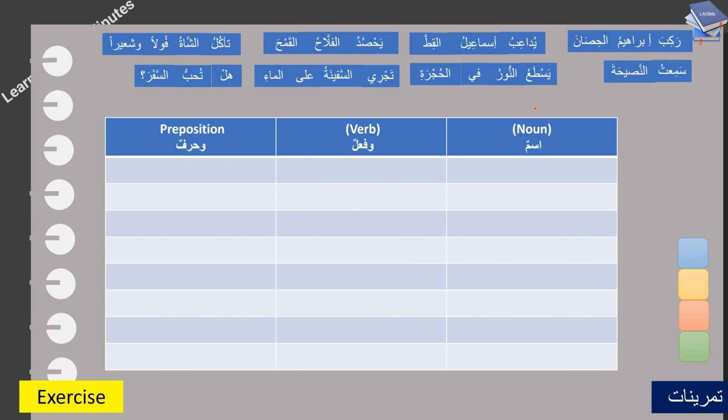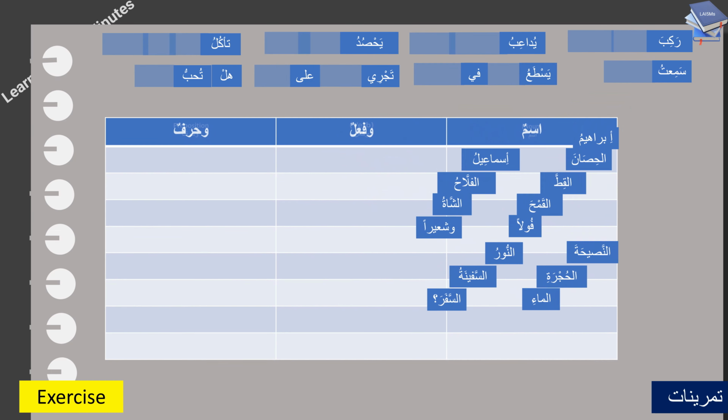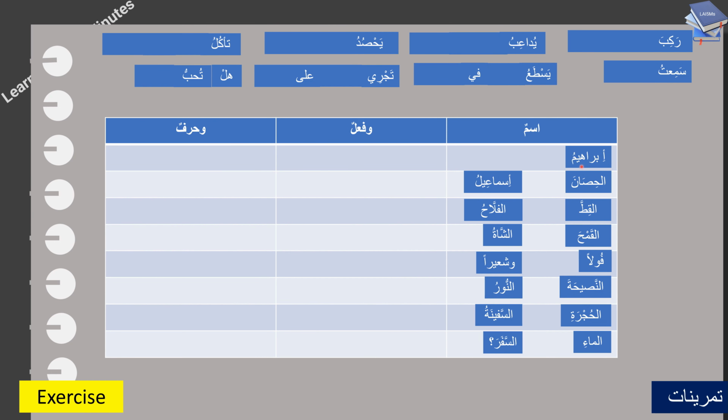Okay, so now let's look at the examples and identify which ones are nouns, verbs, and particles or prepositions. You will notice that noun is the most common word, and you will see what I mean by that. Let's start. As you can see, the most common words are nouns: Ibrahim, al-Hisan, al-Qitta, al-Qamh, Fulan, al-Nasihata, and so on.